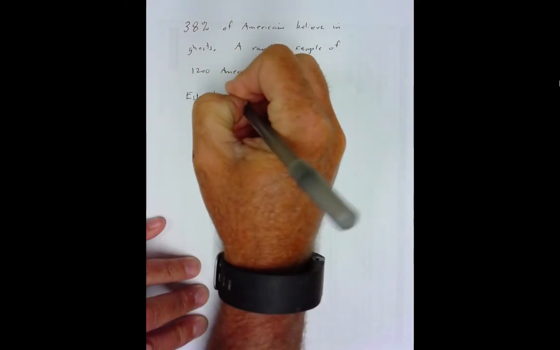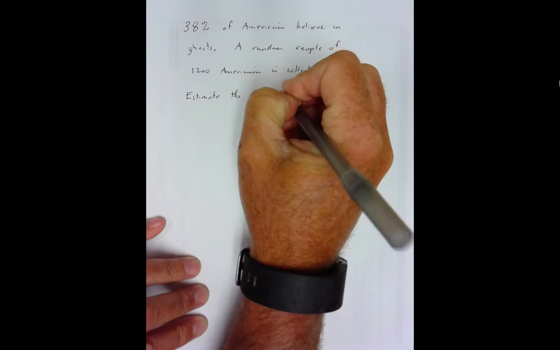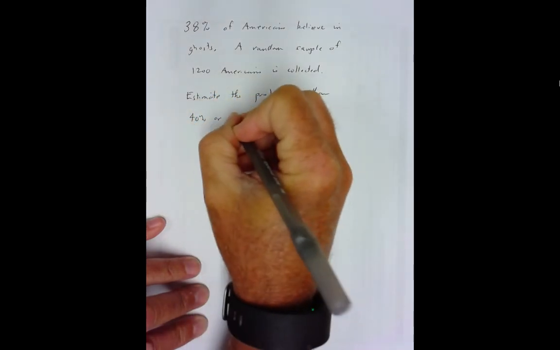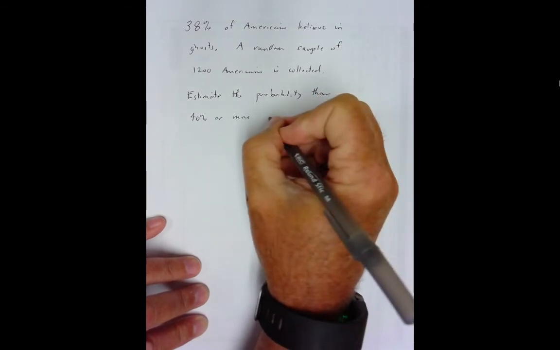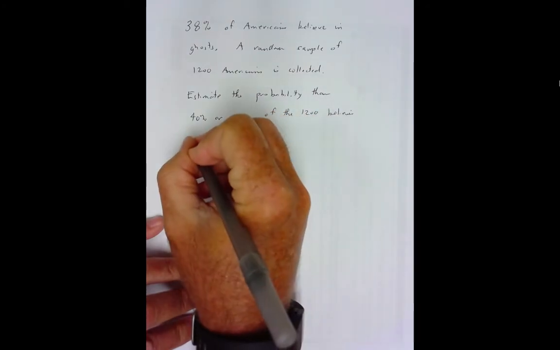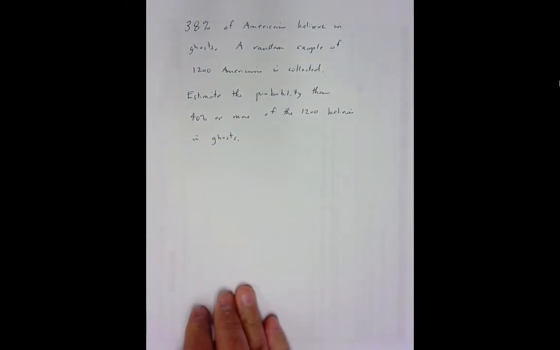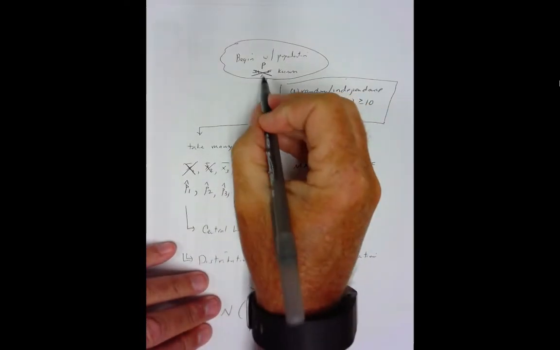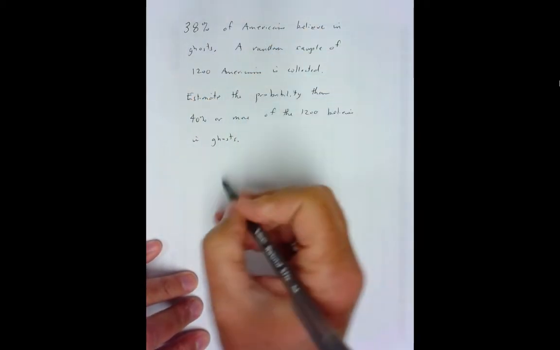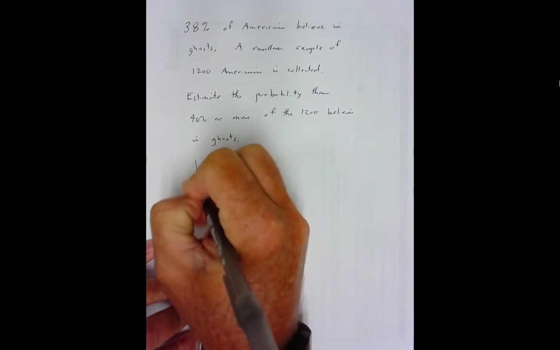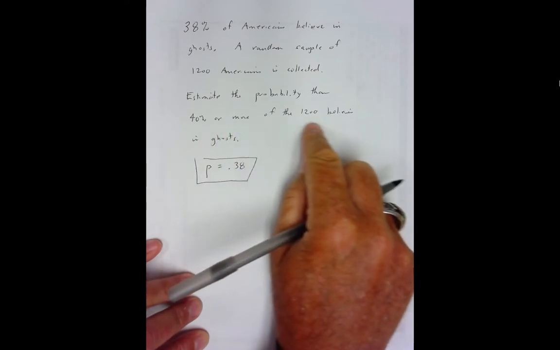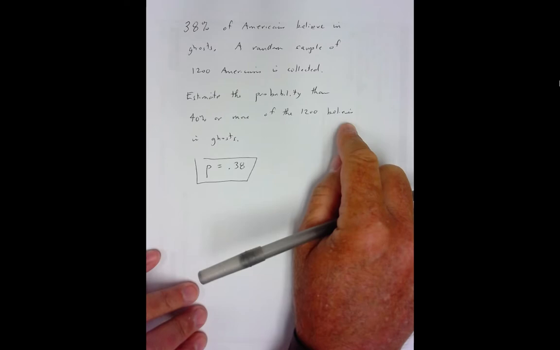Estimate the probability that 40% or more of the 1,200 believes in ghosts. All right, gang, let's go over here. Begin with the population. P is known. What's P? P is the statement about everyone. P is 0.38. Estimate the probability that 40% or more of the 1,200 believes in ghosts.